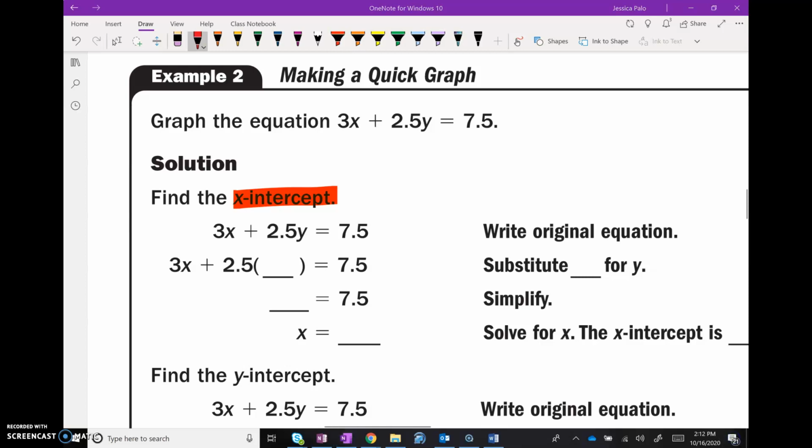We substitute 0 for the variable y. 2.5 times 0 is 0, so we are left with 3x equals 7.5. Solve your one-step equation by dividing by 3 on both sides. So x equals 2.5. So the coordinate for our x-intercept is 2.5, 0.